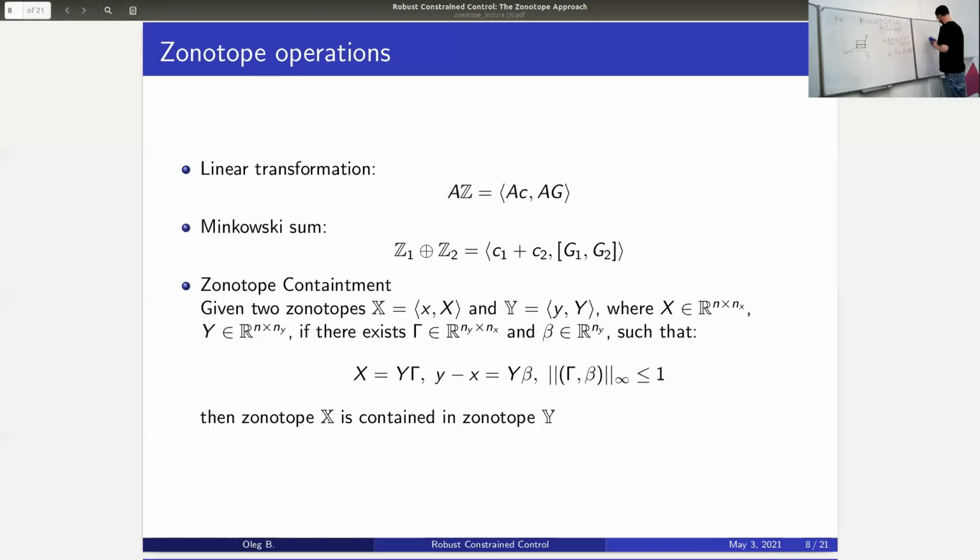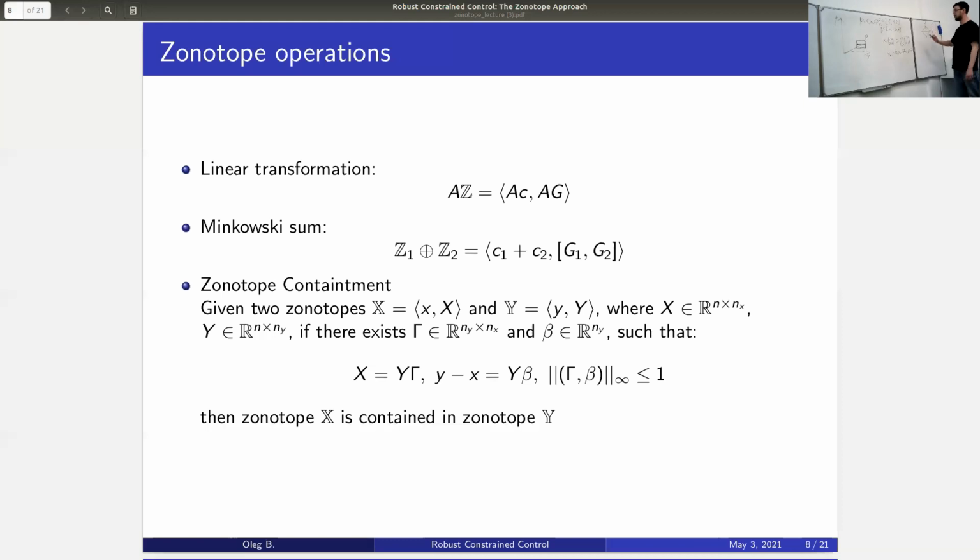I will explain this with an example, maybe it is good at this moment. All of you know the equation of a mass spring system. It should be a mass spring network with friction, and our initial state x at moment 0 is a Zonotope in this form.